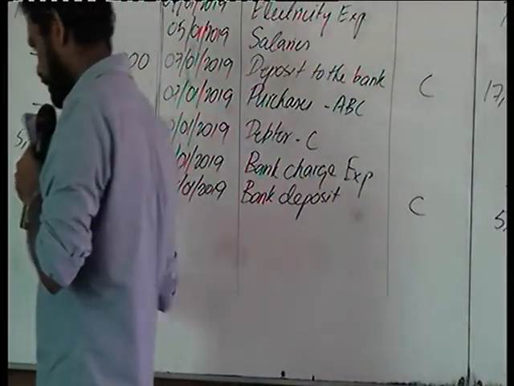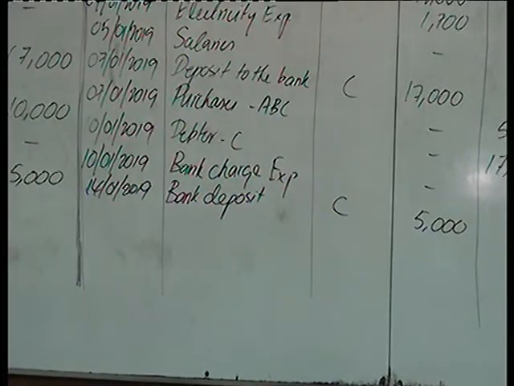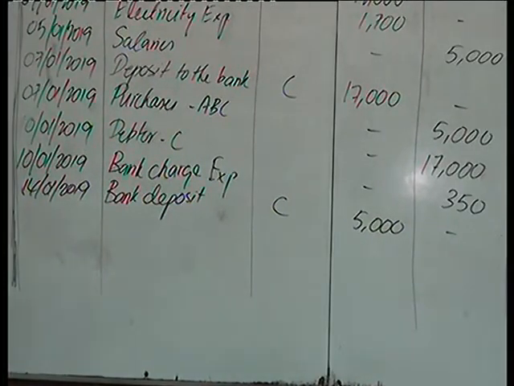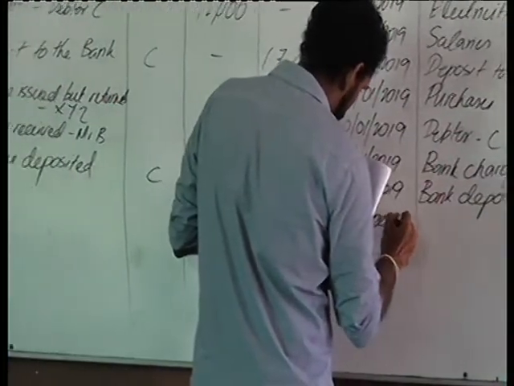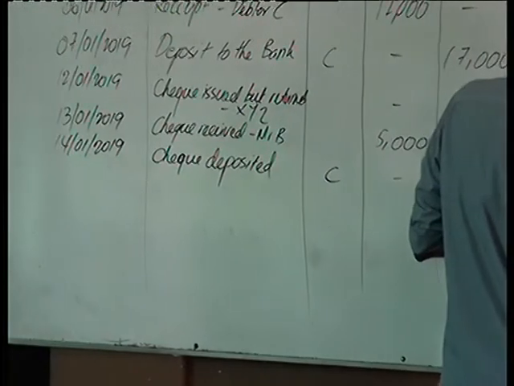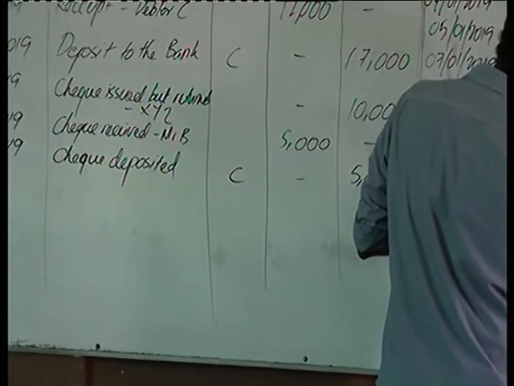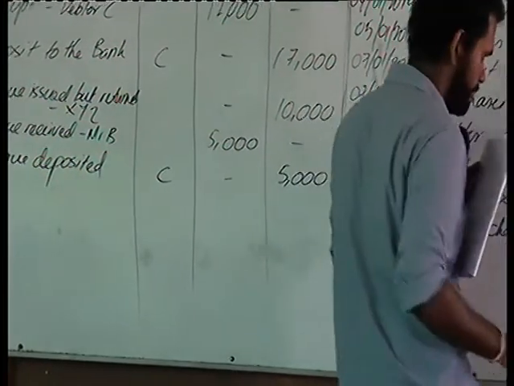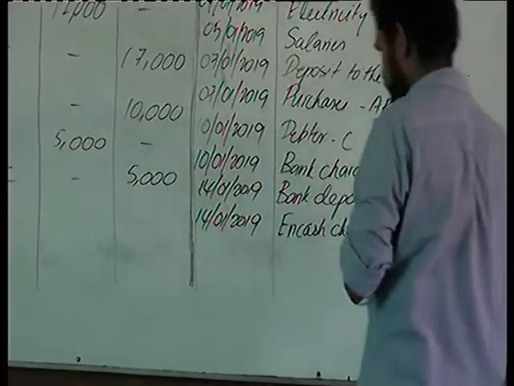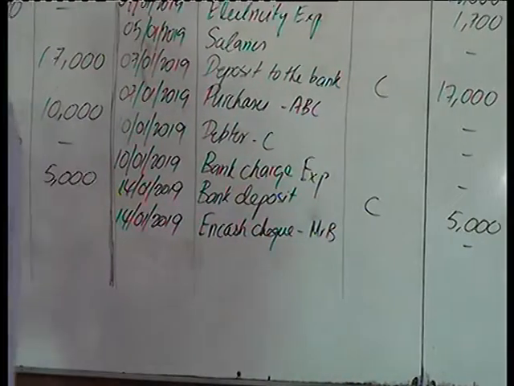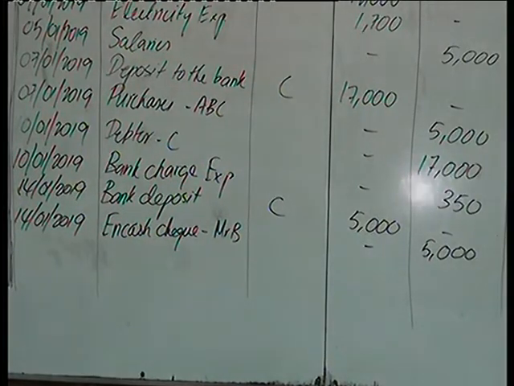So once we deposit it to the bank, next we have encashed it. We have taken the cash out from the bank. So on the same day, 14 January 2019, encash check of Mr. B amounting to 5,000. Deposited 5,000 and encashed 5,000. So on the first day, on 13th, we have received the check.